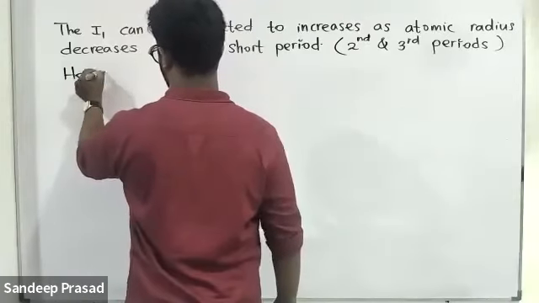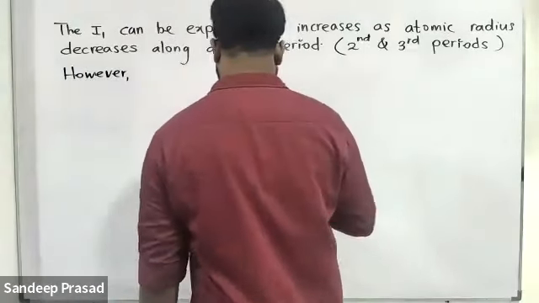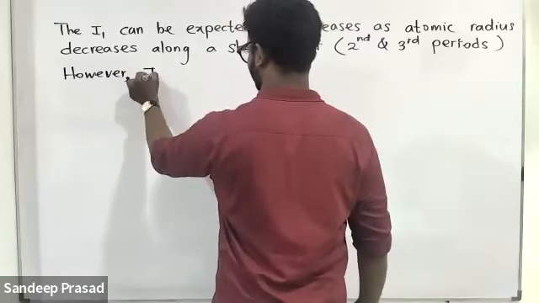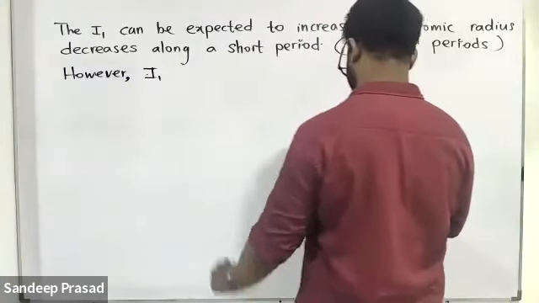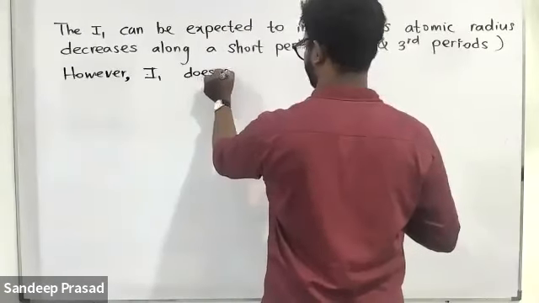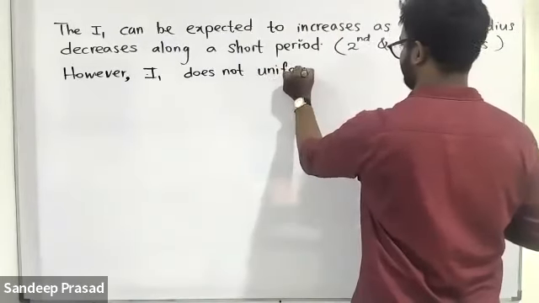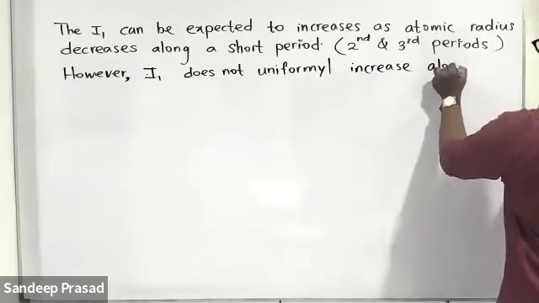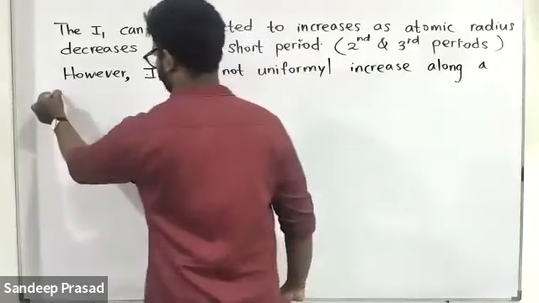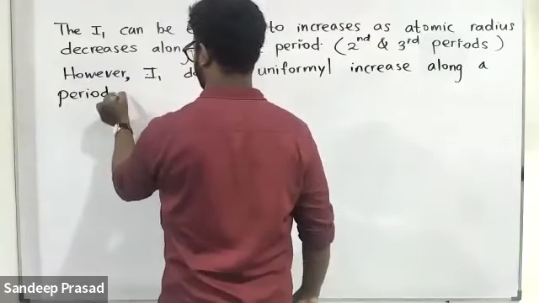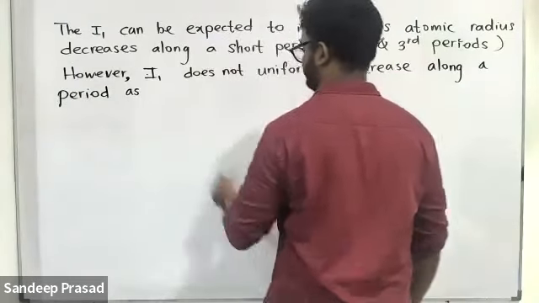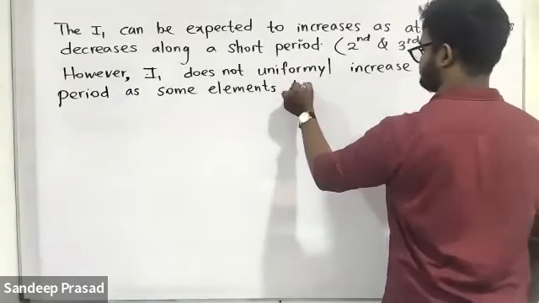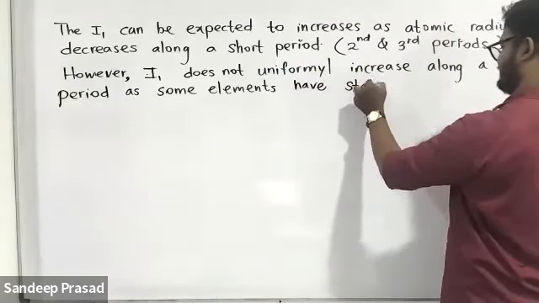However, ionization energy does not uniformly increase along a period as some elements have stable electron configurations.